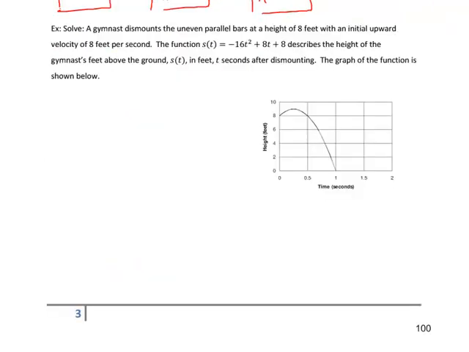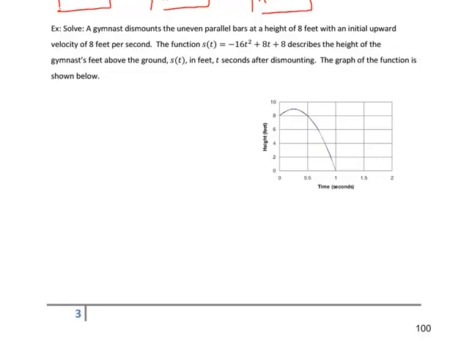In this word problem, we're given a particular model equation that models a scenario. In this case, it's a gymnast. A gymnast dismounts from uneven parallel bars at a height of 8 feet with an initial upward velocity of 8 feet per second. Now, from a simple physics class, which you don't necessarily have to have had before you've taken this, you could derive that formula for this particular scenario based on Newtonian physics, but we're just going to be given the formula.